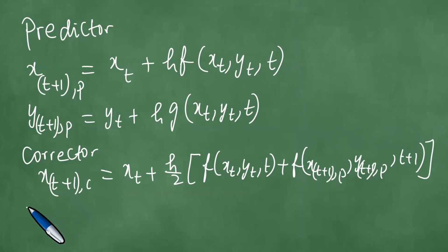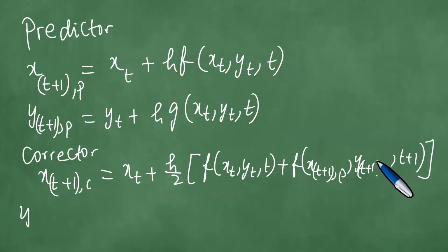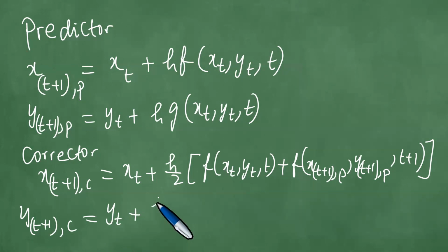Just to write a bit clearly here: we have t plus 1, then the p subscript, and here subscript t plus 1 c for the corrector, and then we have y_t. So obviously we have two equations for the corrector.